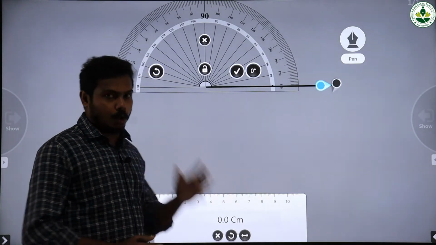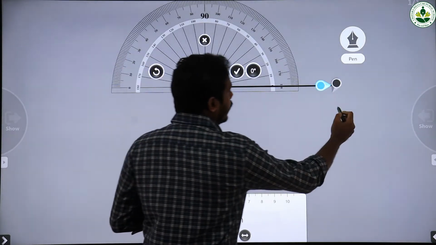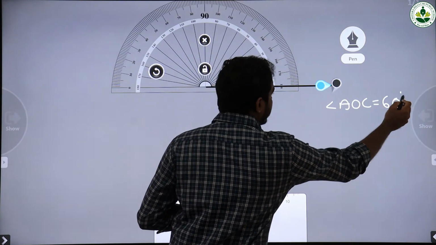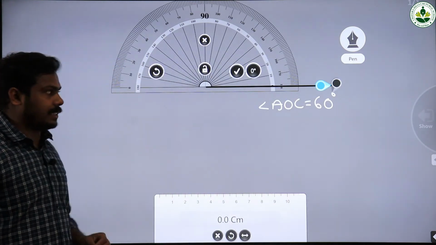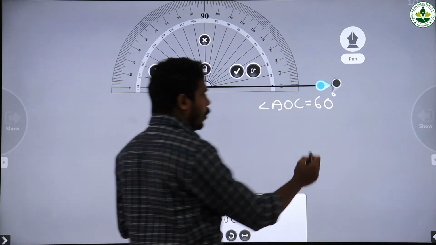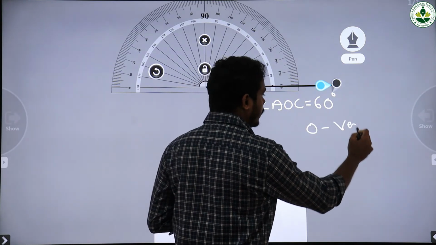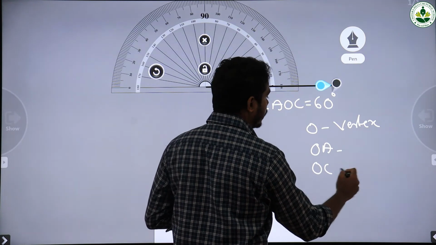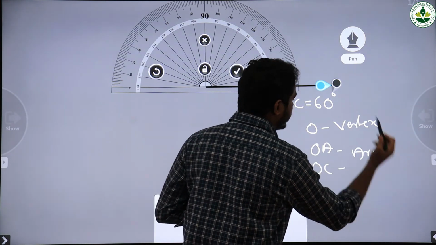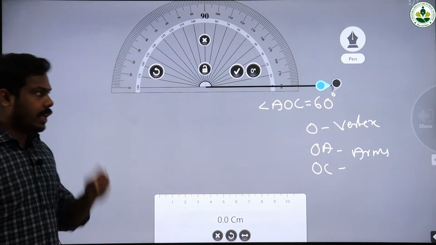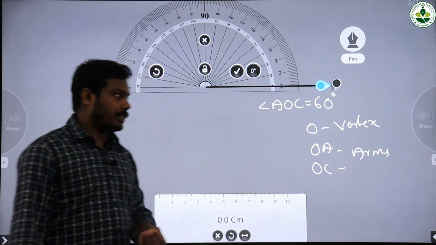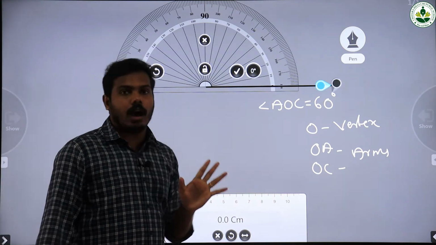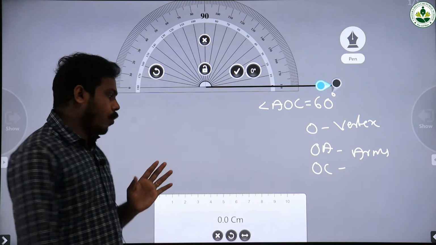Here we need to draw angle AOC with 60 degrees. Here O is the vertex of this angle, and OA and OC are the arms of this angle. So first we draw one of these arms. Here we are going to draw OA.